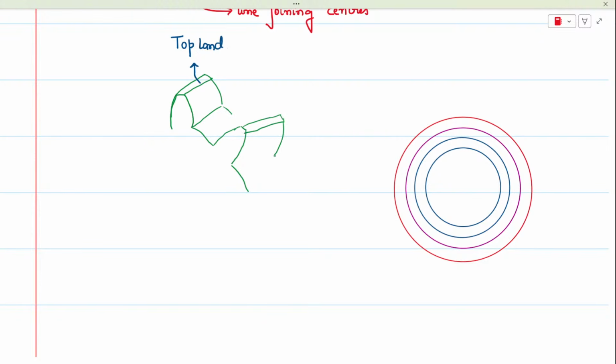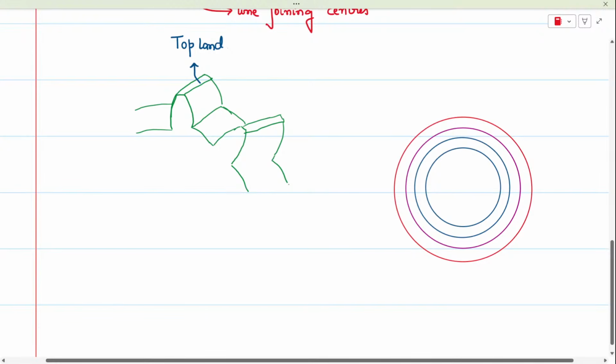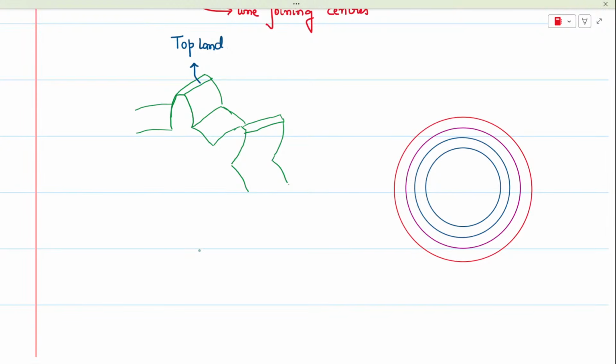Please don't mind the accuracy of the drawing. The intent is to understand. Otherwise, I could have taken the image, but I want you to develop the imagination and try to develop this by your own brain. So now this is called the bottom land.